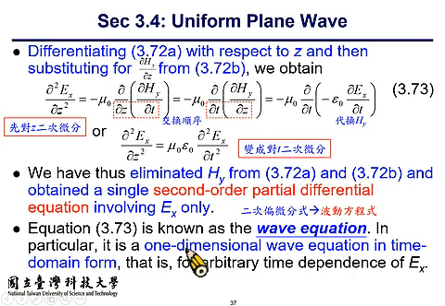And you may ask, is that legitimate to do so? Can we interchange the order of differentiation over time and over space? And the answer is yes, most of the time, okay?